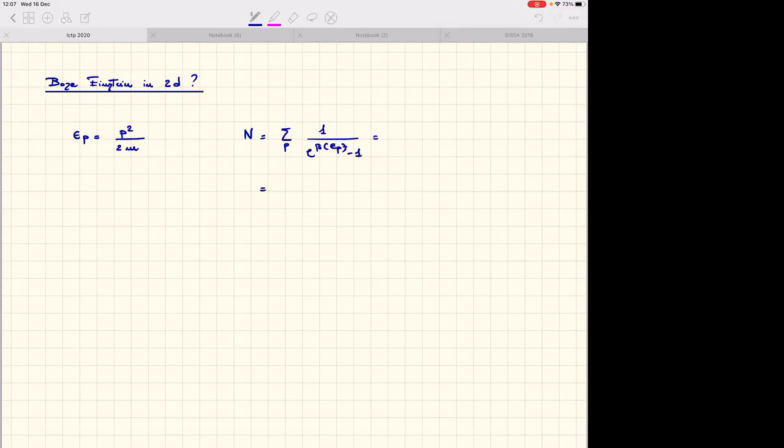So if I pass from the sum to the integral, it will have A over 2 pi squared, and then integral dp of 1 over e to the beta p squared over 2m minus 1. Then I pass to circle coordinates.